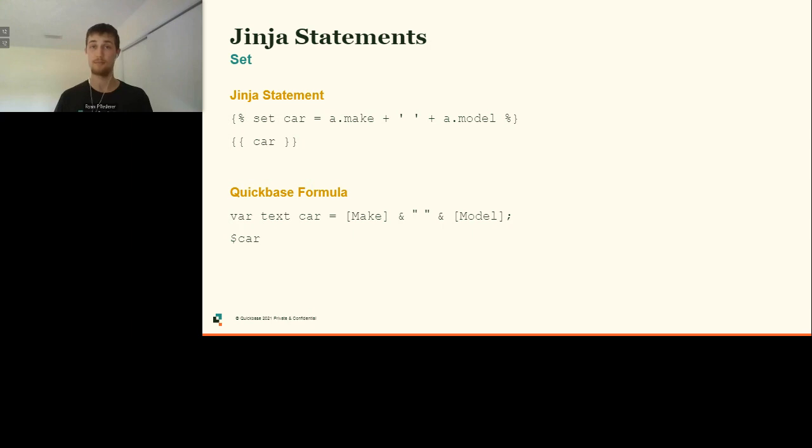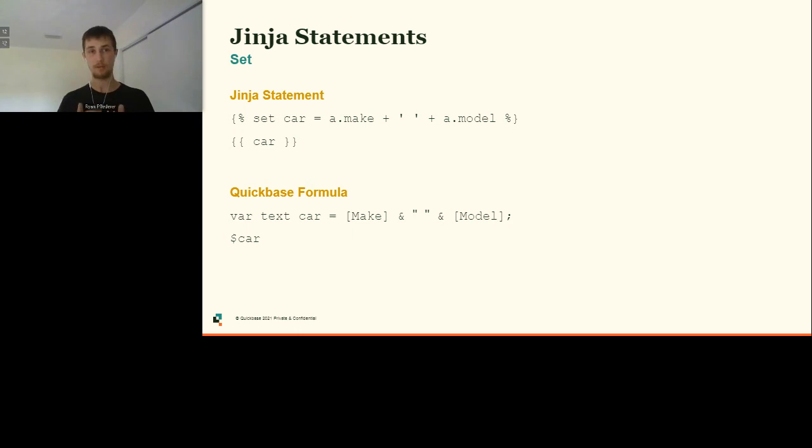The same goes for Jinja, which is very similar to formulas, but within pipelines. The Quickbase formula language is usable within formulas throughout the platform, and the formula equivalent within pipelines would be Jinja.